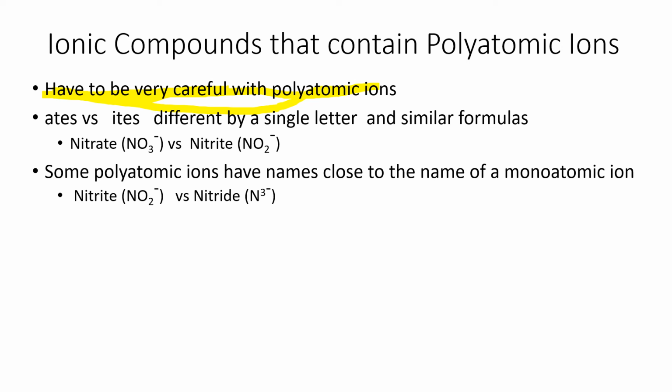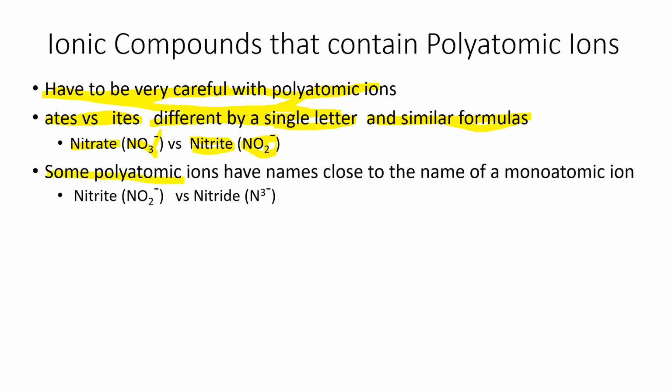Just one example, and there's other ones that I could have pointed out, are the ates versus the ites. These are different by a single letter. They have similar formulas, but they're a little bit different. An example is nitrate is NO3-, but nitrite is NO2-. That's how careful you have to be when you are memorizing these.